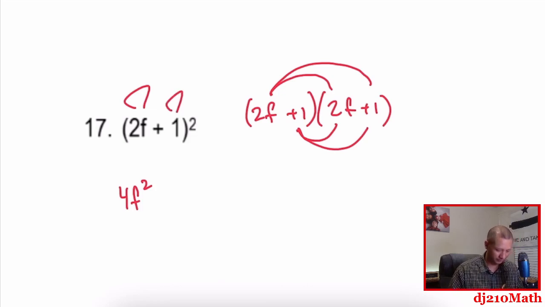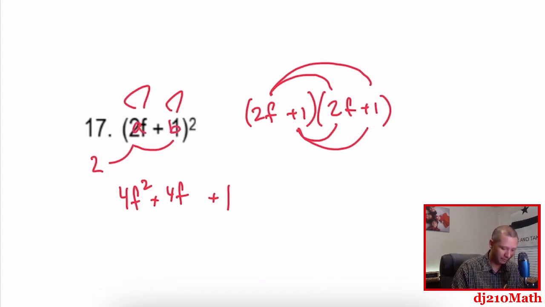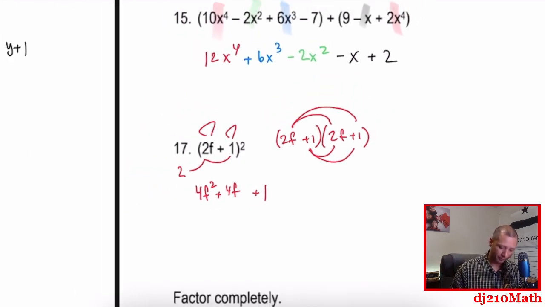Positive 1 times positive 1 gives me positive 1. 2 times 2f times 1 gives me 2 times 2 is 4, f times 1 is just 4f. So there it is. So a times a, b times b, 2 times a times b. If this was a and this was b, a times a, b times b, 2 times a times b. They're all being added. Okay. You might have to watch that one a couple times too.